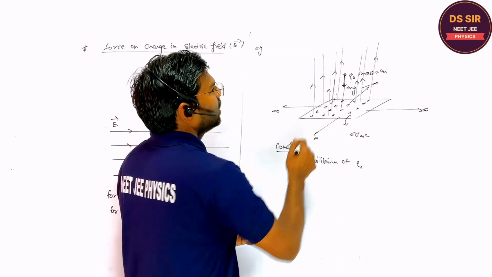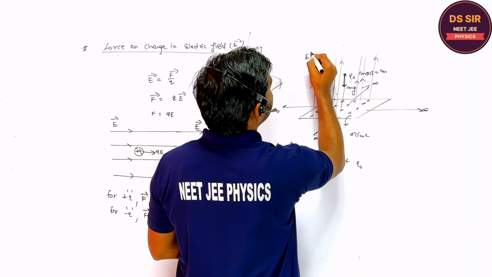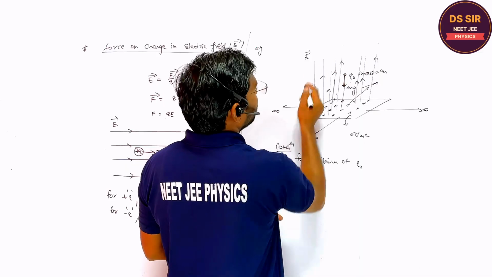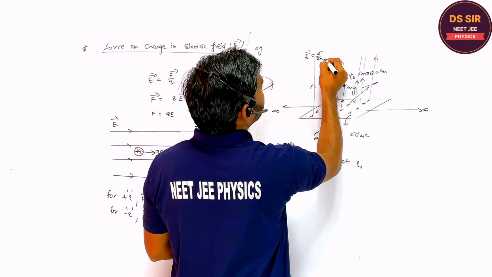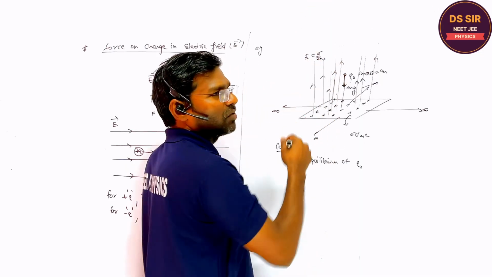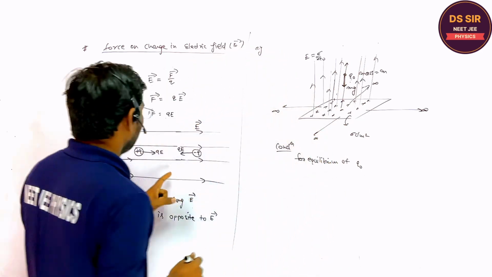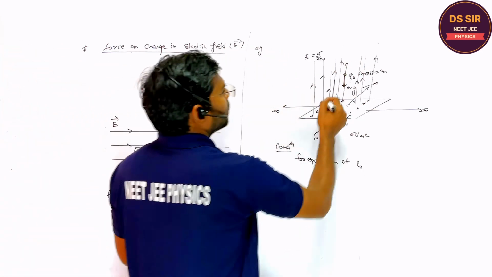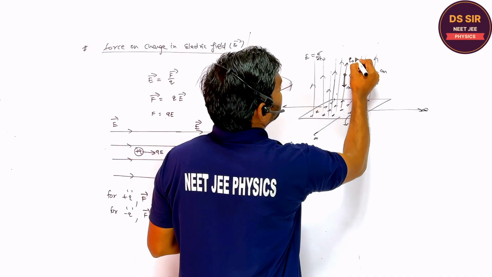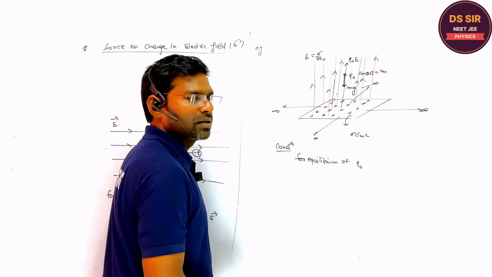If this is the electric field E, the value is sigma upon 2 epsilon naught in the vertical upward direction. So the force will be Q naught E acting over here.